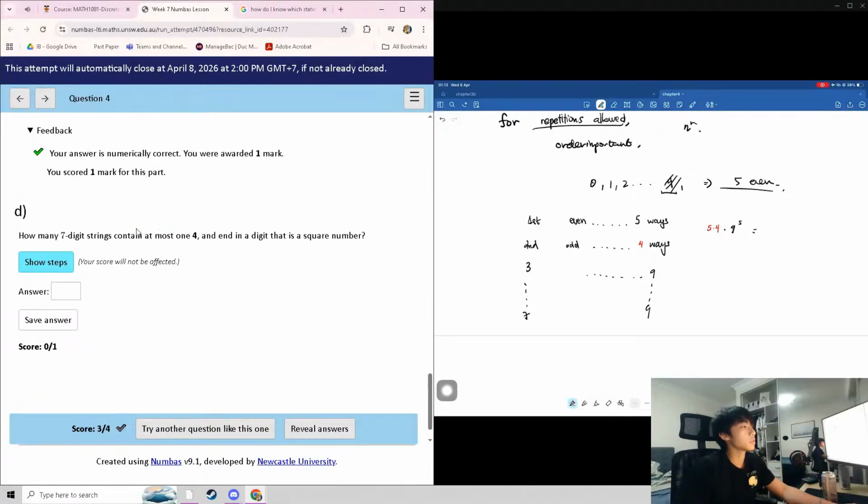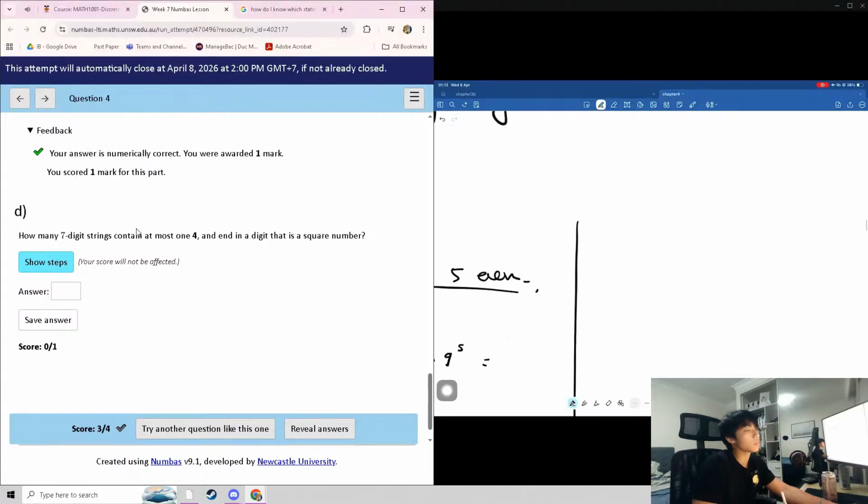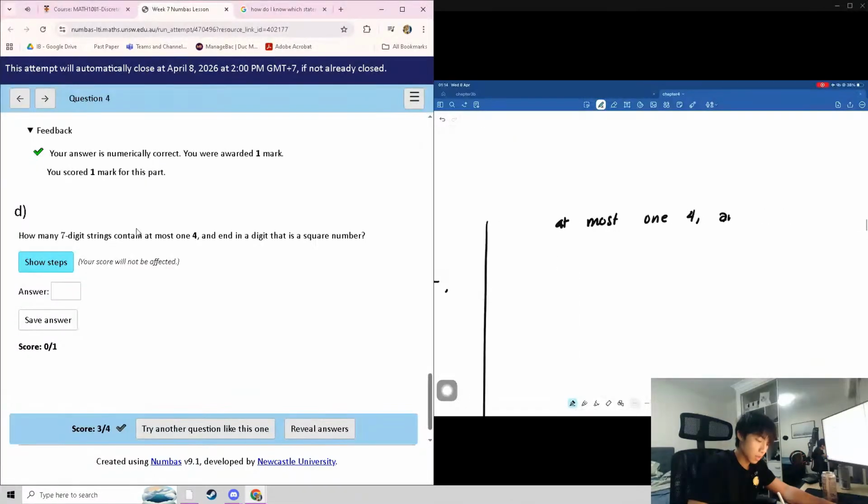How many 7-digit strings contain at most 1 four and end in a square number?